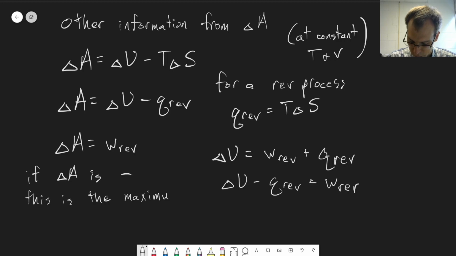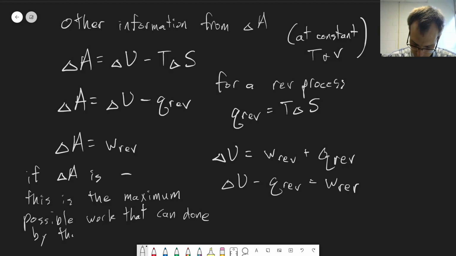If we do the process reversibly, the maximum possible work that can be done by the system, since energy would be leaving the system. So that's a very useful thing to know, right? This gives you an upper limit on how much work you can get out of a particular type of process.